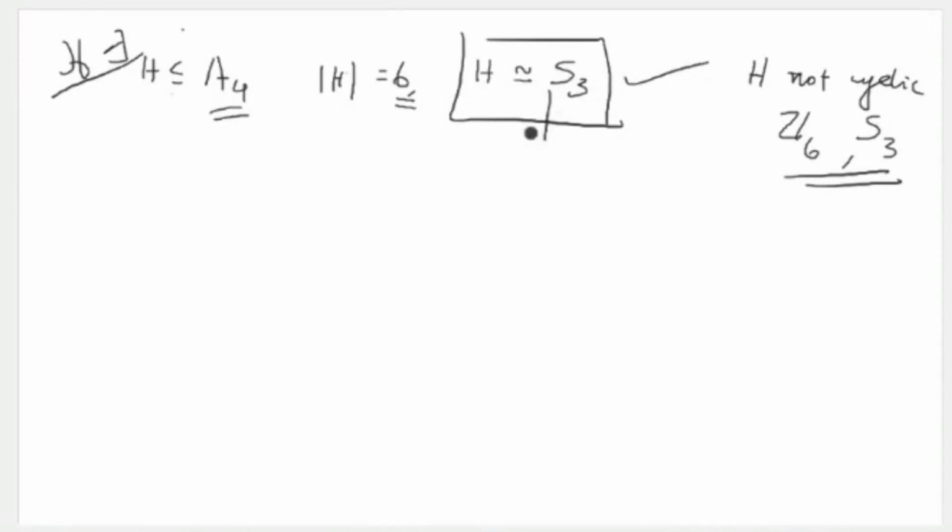And you know, S3 has 3 elements of order 2. We have already verified it: the 3 reflections. So here also H has 3 elements of order 2. Now in S4, what are the elements of order 2?